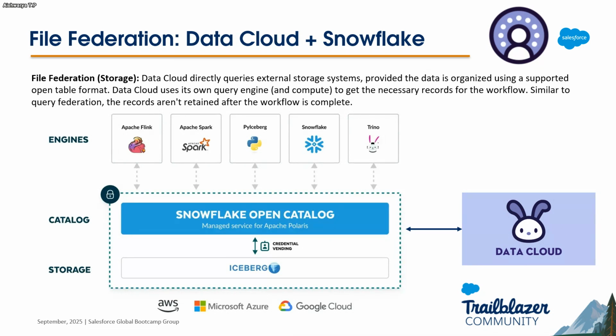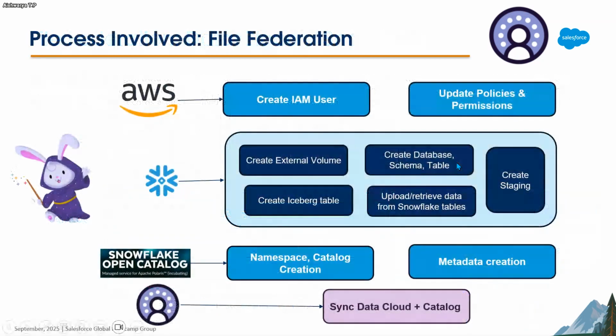Yeah, that is about file federation, and it works on Parquet files, as I told. Now the process involved in file federation. There are 4 different applications involved, starting from AWS. First, you're going to create an IAM user. We have 2 types of user in AWS, IAM and root user.